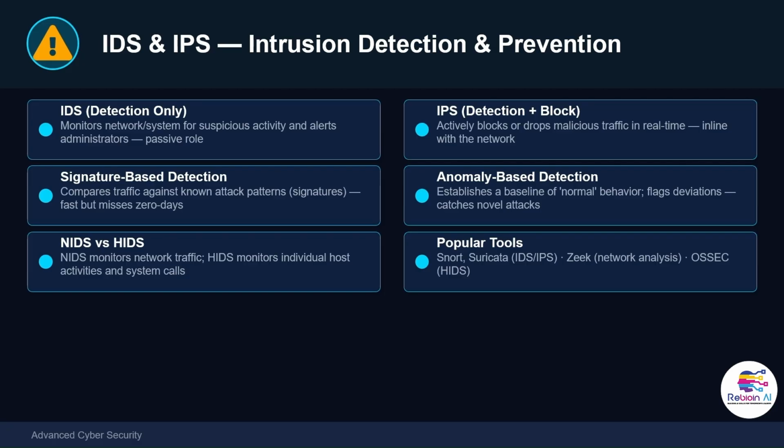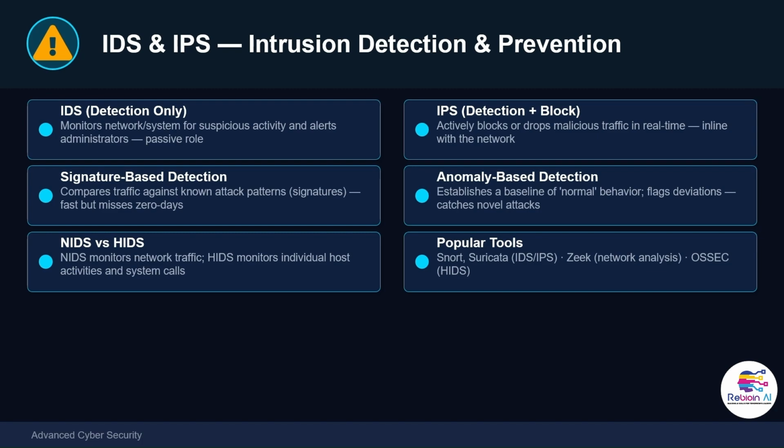Anomaly-based detection is smarter. It learns what normal looks like for your network. If your file server normally transfers 2 GB a day and suddenly it's transferring 200 GB at 3 a.m., that's anomalous. Alert. This can catch zero-day attacks that have no signature yet.